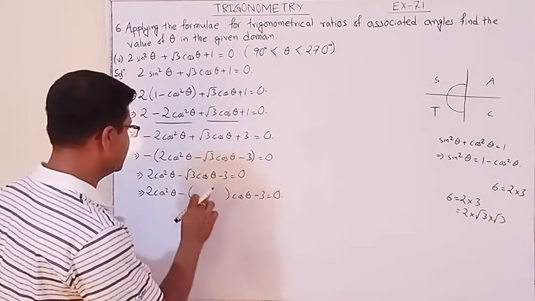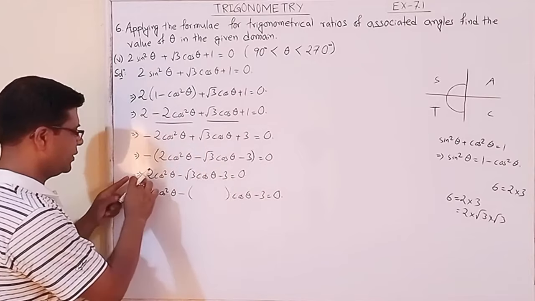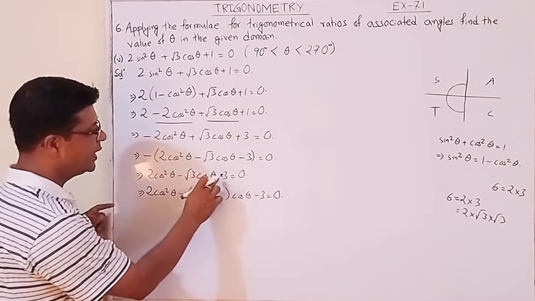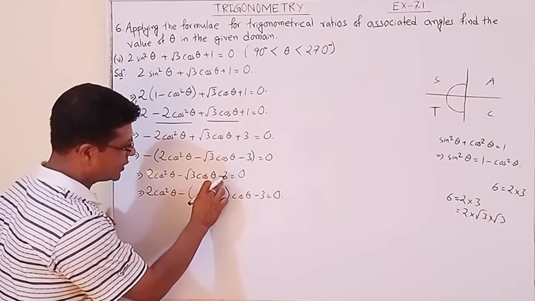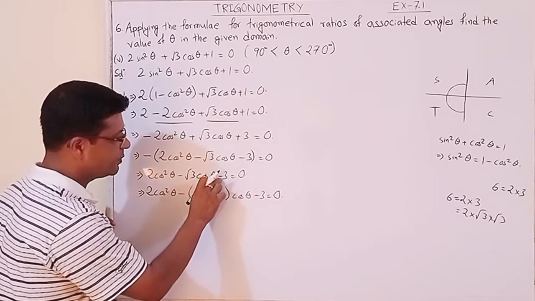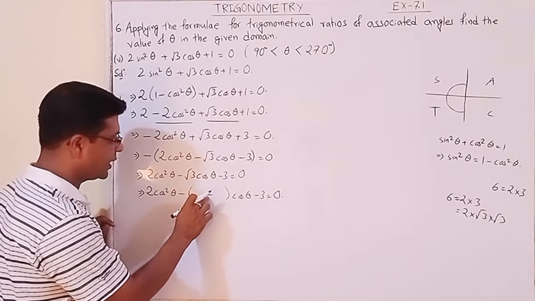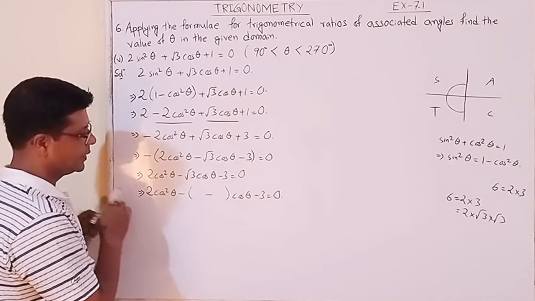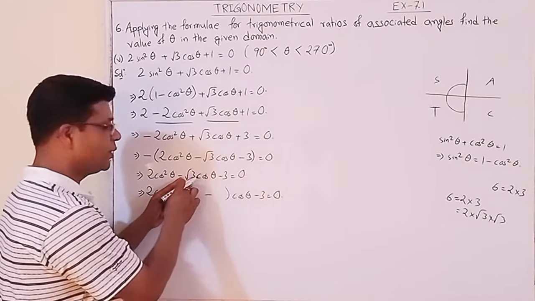one thing you always see: if the first coefficient is positive, we always start with positive. If the constant term is negative, in the middle there will always be negative. If the constant term is plus, in the middle there is always plus, provided this coefficient is positive. By subtracting we have to get 1 root 3.